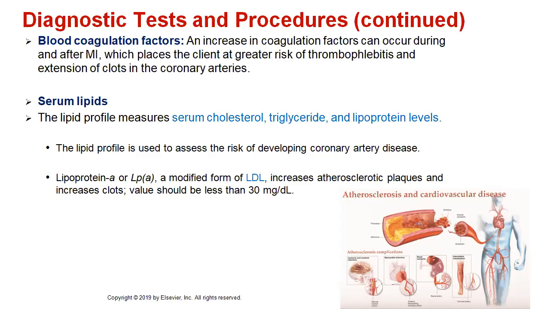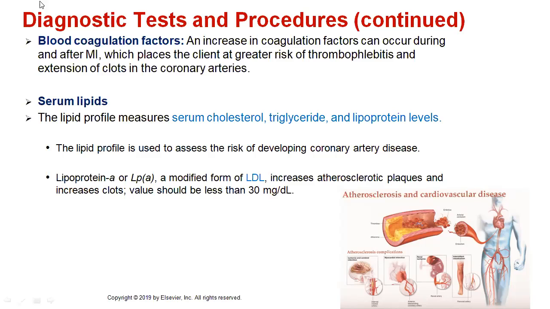At least we have to know for the NCLEX board what are the risk factors for angina or myocardial infarction, like male gender, postmenopausal women, hypertension, smoking, hyperlipidemia, diabetes, stress, inactivity. All are risk factors for developing angina.